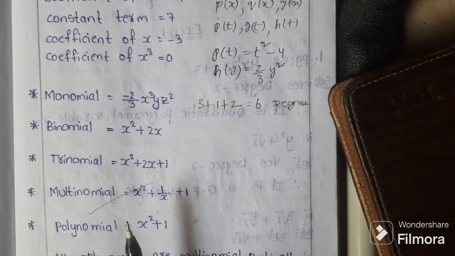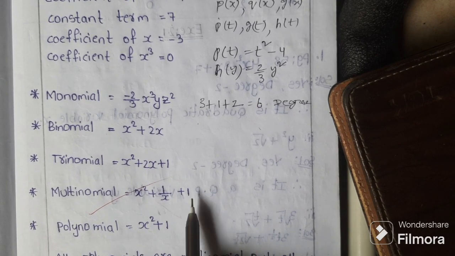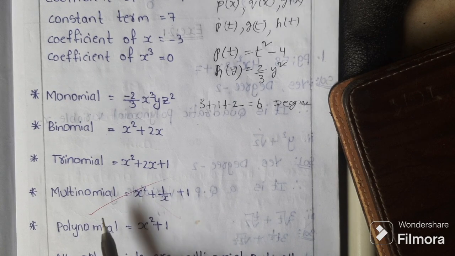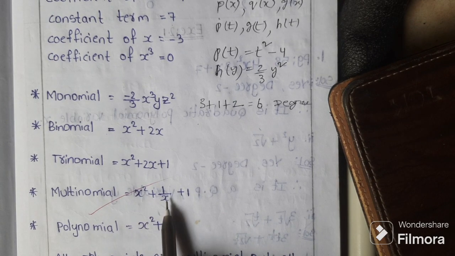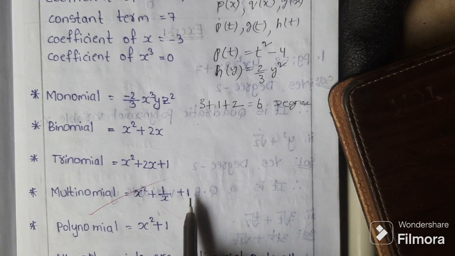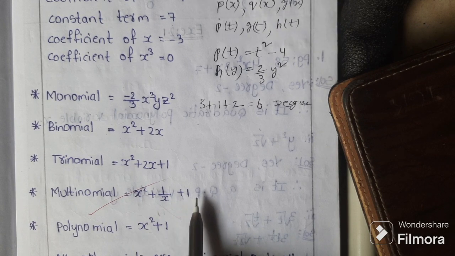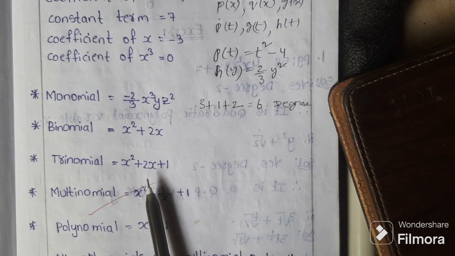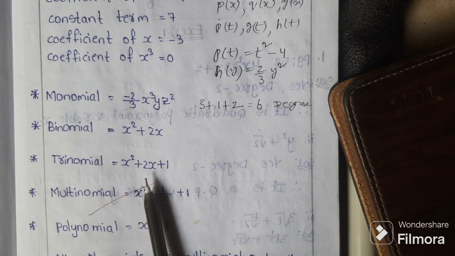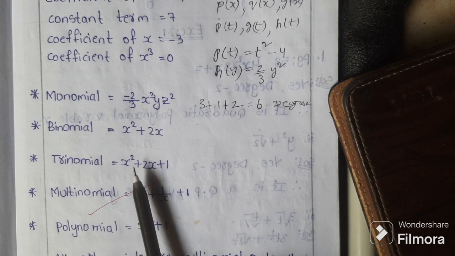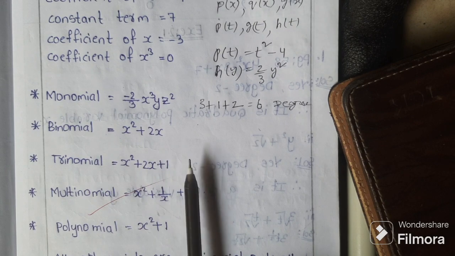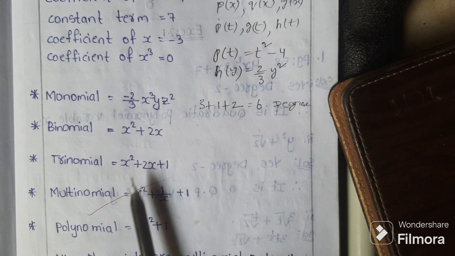Downside, another example I gave: x square plus 1 by x plus 1. It is not a polynomial but a multinomial. Why multinomial? Because more than 2 terms are there. The previous one, the trinomial, is a multinomial as well as a polynomial. For a polynomial the powers must be 0 onwards, 1, 2, 3 like that, but should not be negative numbers.